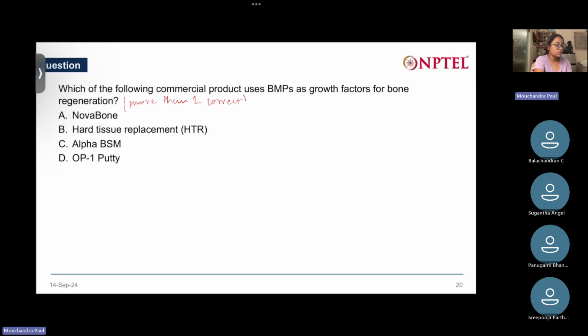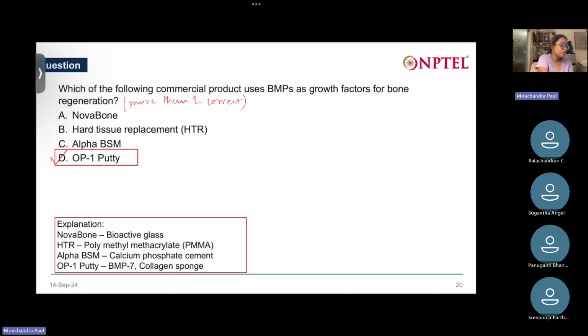Okay. Actually, the correct answer is this OP1 putty. So if you go back to the lecture, you will see that it is discussed thoroughly there. But in brief, this Nova Bone, this product, it is mainly composed of bioactive glass. HTR, or hard tissue replacement, it is mainly composed of PMMA, polymethyl methacrylate.